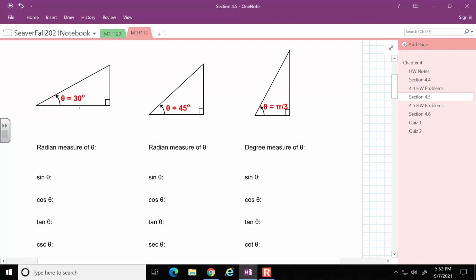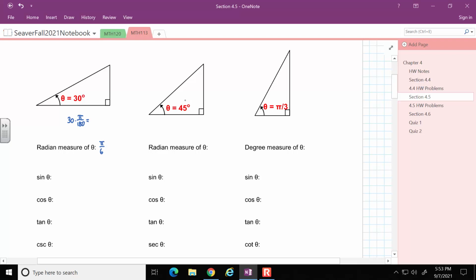So first off, when I say theta equals 30 degrees, what is that in radians? That is actually pi over 6. All right, and you can do that. That would be 30 times pi over 180. 30 goes into 30 one time and goes into 180 6 times, so it is pi over 6.